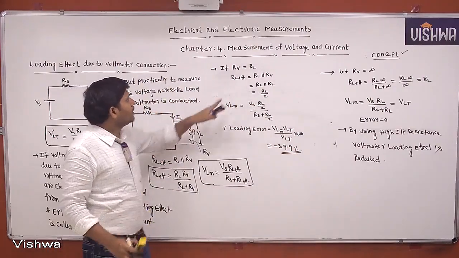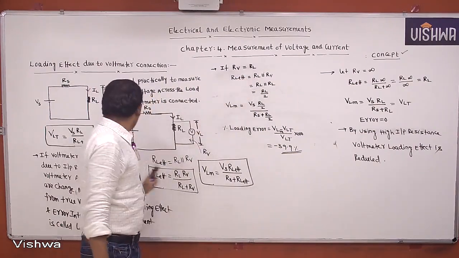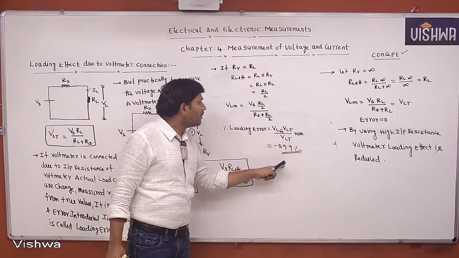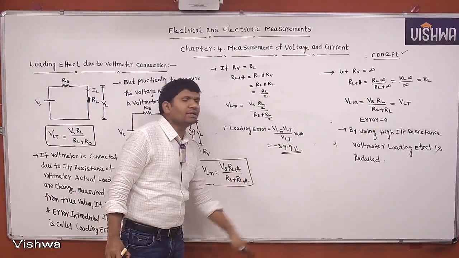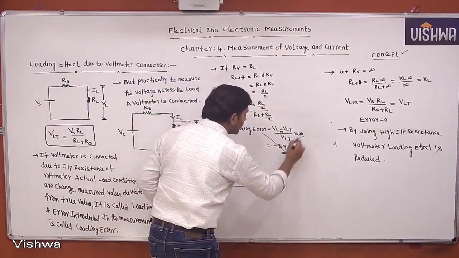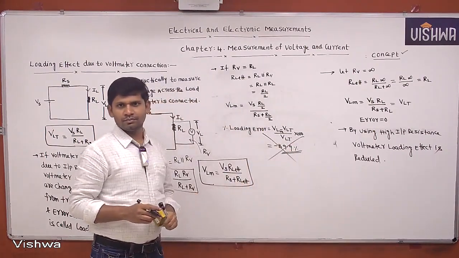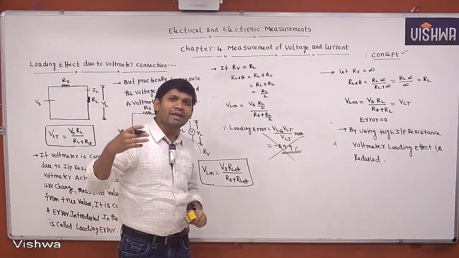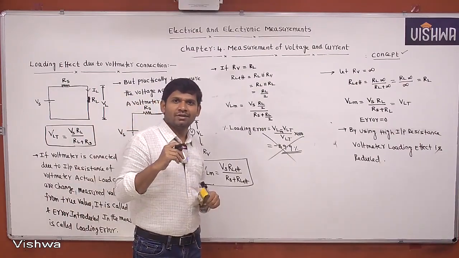If you select RV equal to RL, you substitute VL true and VL measured, we can get minus 39.9%. But it is not acceptable.